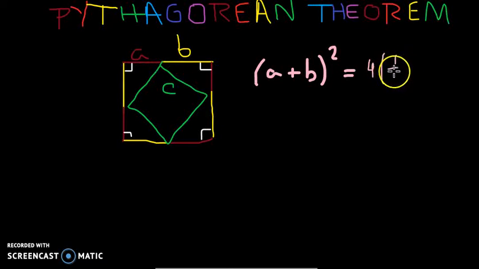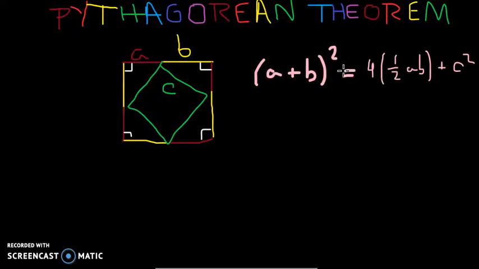So 1/2, my base can be a, and my height can be b. They're interchangeable. Plus the area of the square in the middle. So this is just c by c, so it's c squared.